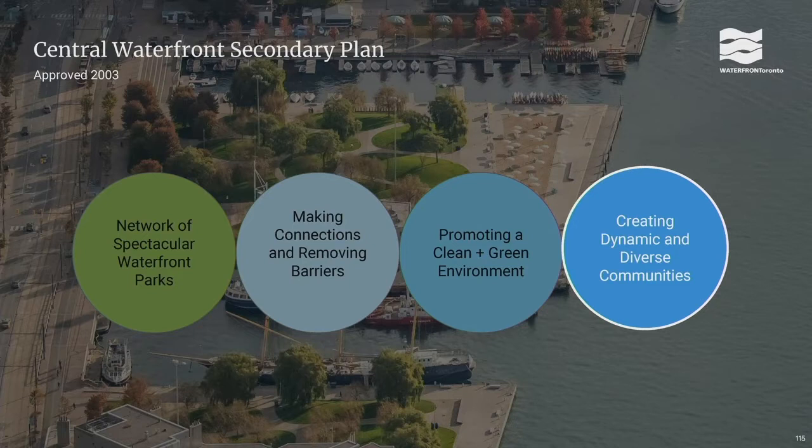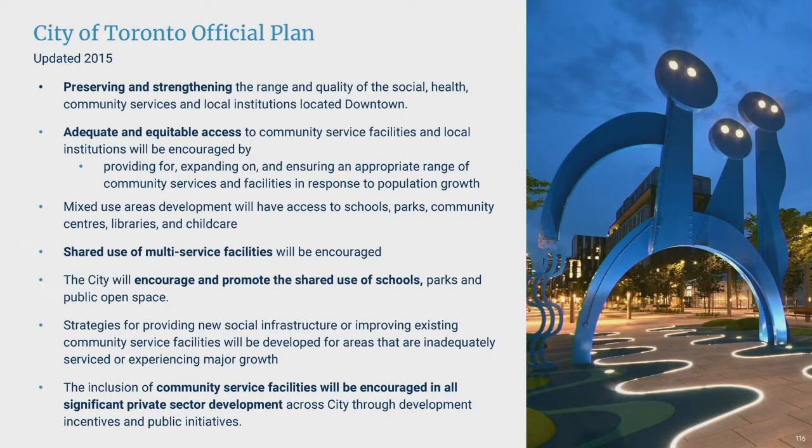If you look at some of the City of Toronto's plans, you see these things echoed as well. The first bullet speaks to preserving and strengthening the range and quality of the social health, community services, and local institutions located downtown. This is in the City of Toronto official plan.